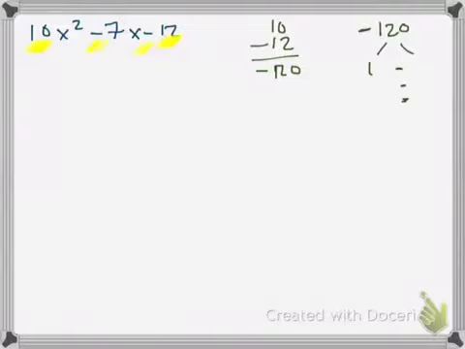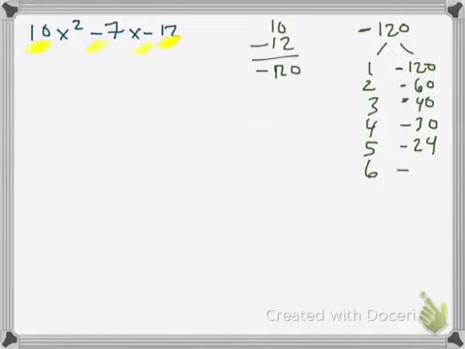We've got 1 and negative 120, 2 and negative 60, 3 and negative 40, 4 and negative 30, ooh, 5 even works, 5, negative 24, and these are still quite a bit bigger than 7, so I'll keep going. 6 and negative 20, if I added that, that'd be 14 negative, okay, 7 won't work, 8, negative 15, and now I've reached factor pairs that are 7 away from each other.